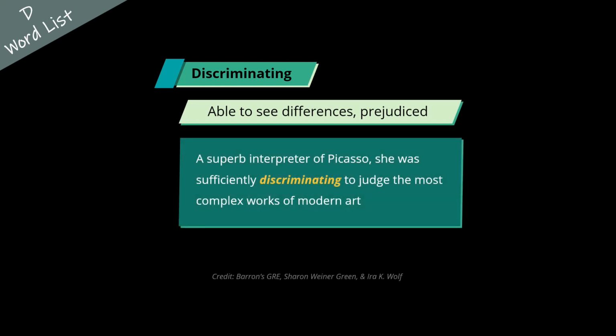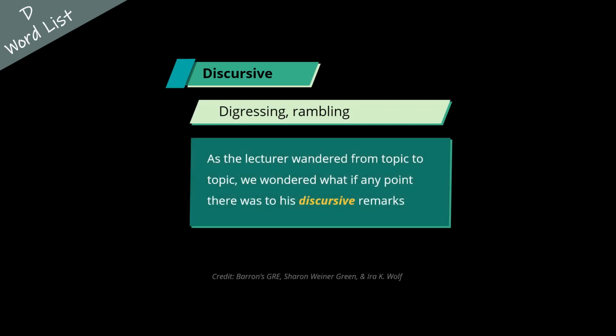For example, a superb interpreter of Picasso, she was sufficiently discriminating to judge the most complex works of modern art. Discursive means digressing, rambling. For example, as the lecturer wandered from topic to topic, we wondered what if any point there was to his discursive remarks.